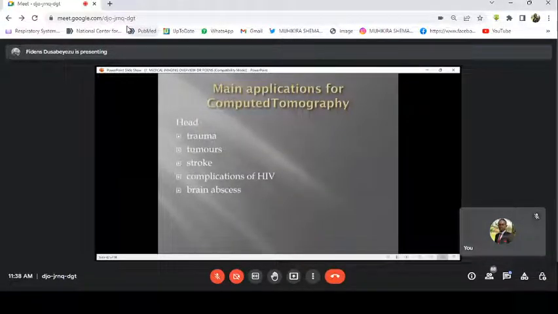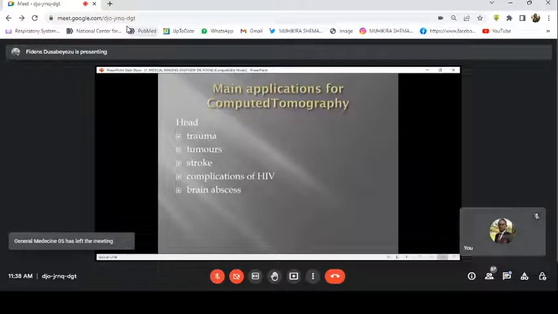So the main applications of CT scan now. For head, it's mostly used in trauma cases to diagnose hematoma or fracture. Tumors, CT scan can diagnose tumors of the brain very well, even if MRI can add more details, but CT is good enough to diagnose any intracerebral tumors.